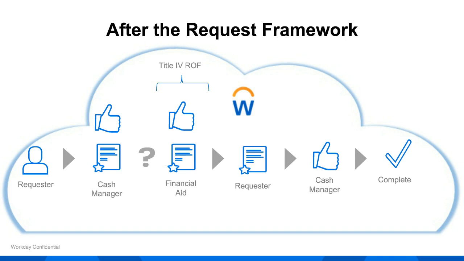The requester would upload a confirmation of the cancellation in Workday, that the payment has been canceled. Then after that, it goes back to the cash manager for approval, and the process is complete, all within Workday. So as you can see, we met our goal of automating everything from start to finish, and we got rid of the paper.